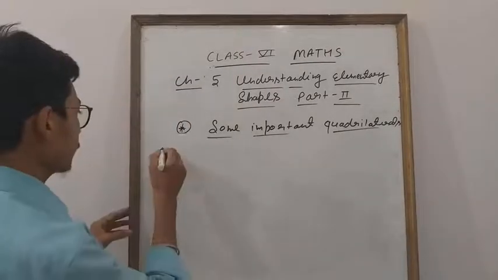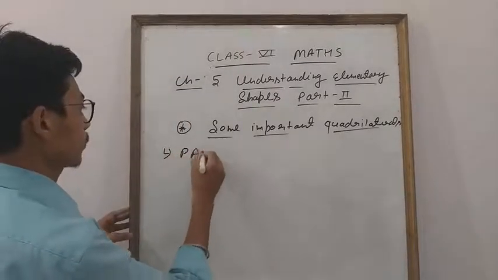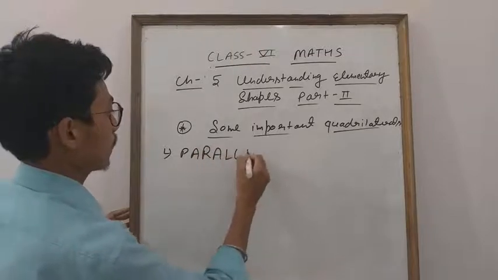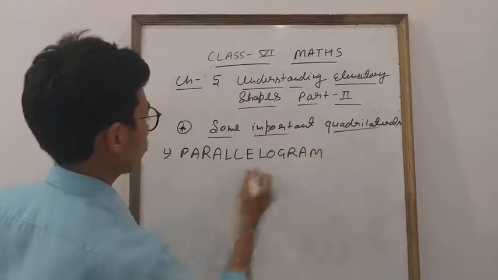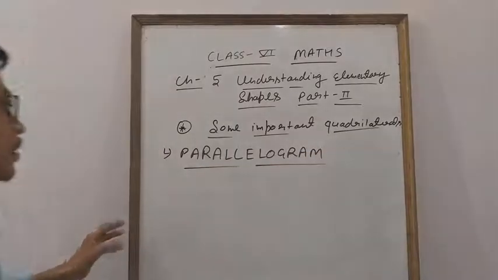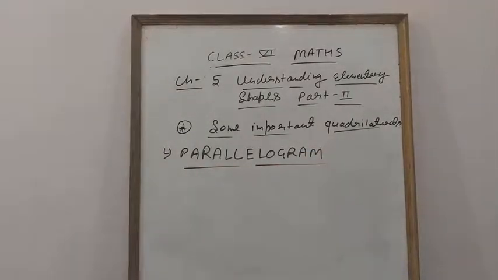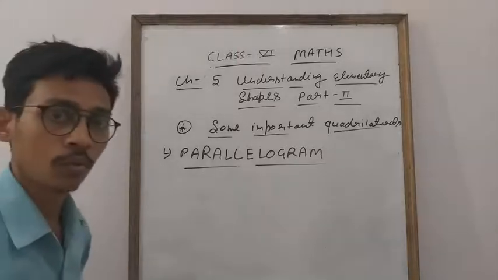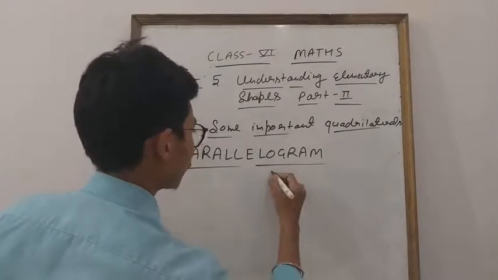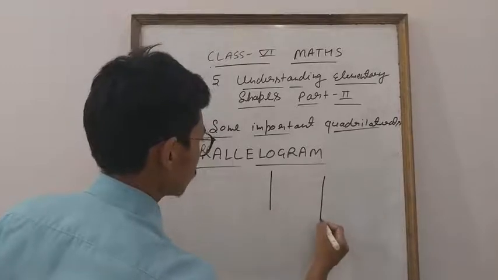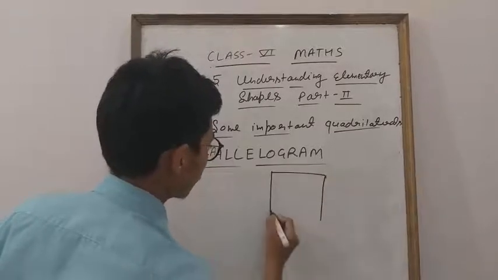Now the next thing is parallelogram. What is this? This is a little bit new term for you. So parallelogram is a diagram whose opposite sides are parallel. For example, this will be a little bit tilted.